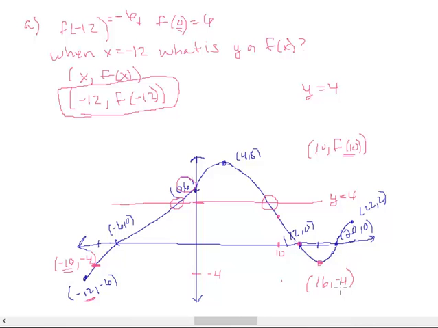So that means there are 2 points that have y values of -4. So those corresponding x values would be x equals 16 and x equals -10.